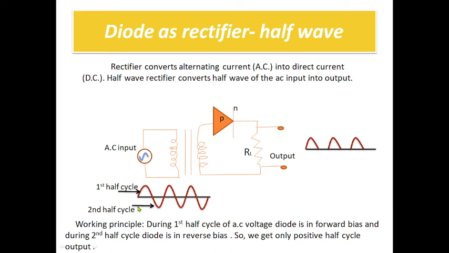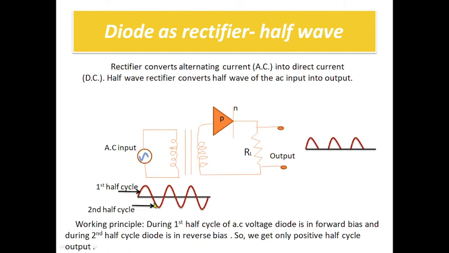But in the negative second half cycle, the current will pass through this, and for circuit completion, the current would flow through the load and through the diode, but this diode blocks the reverse current.